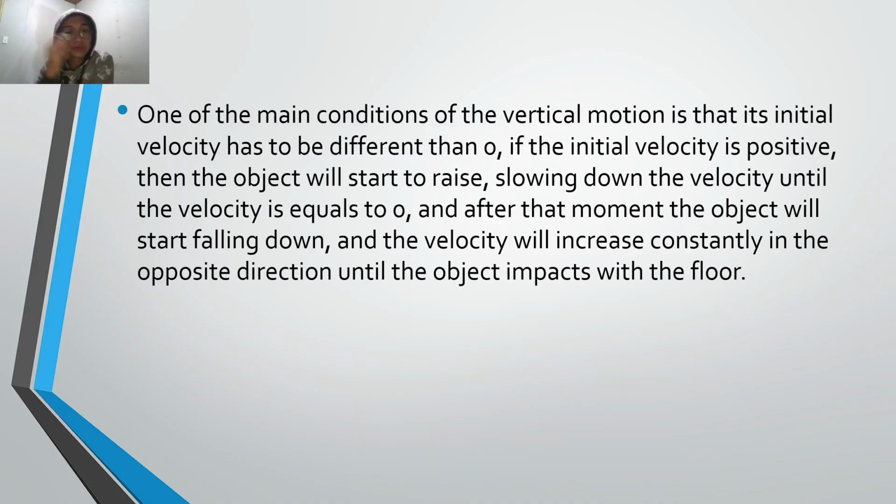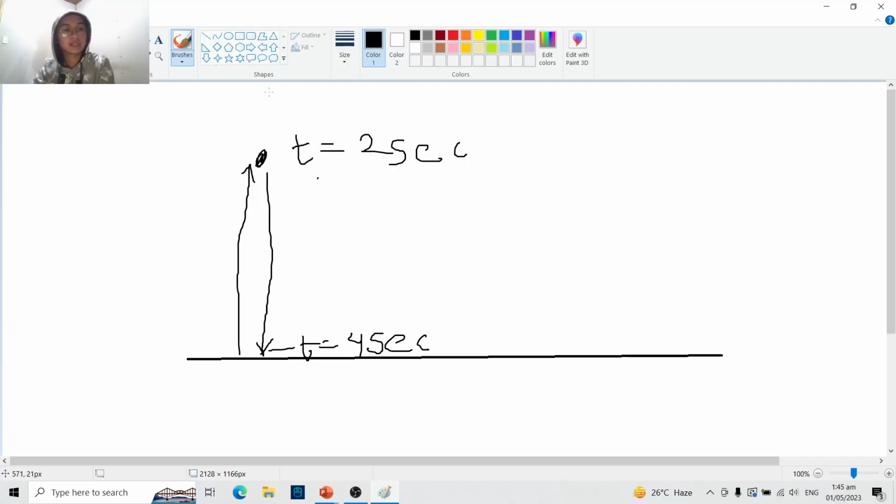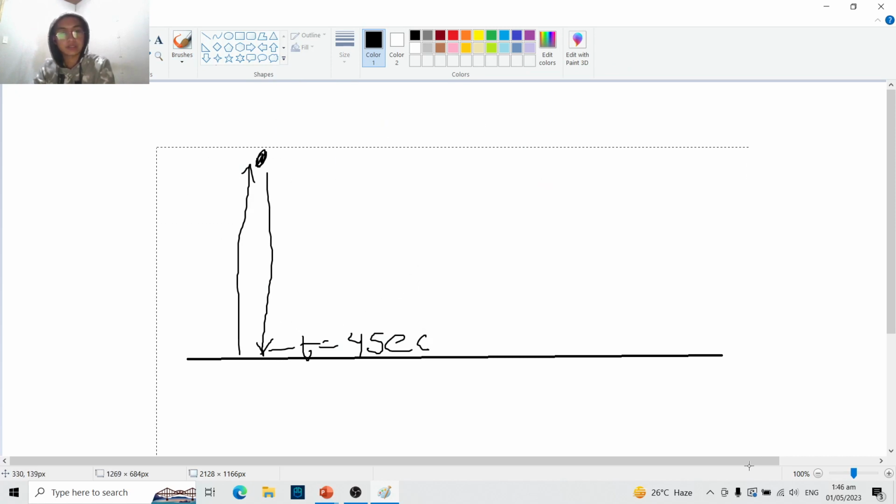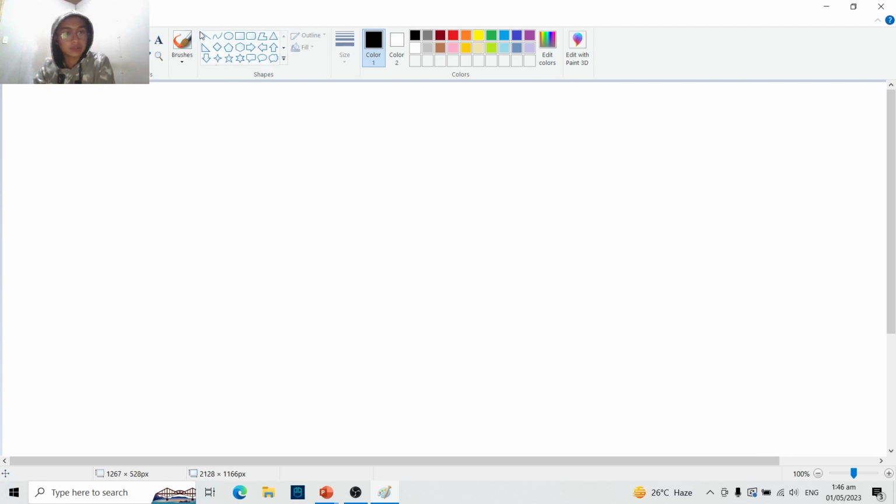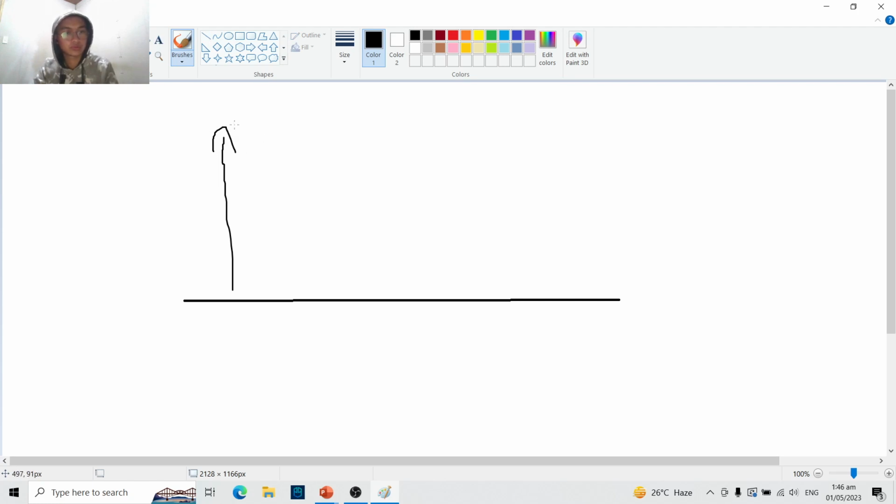So, one of the main conditions of the vertical motion is that its initial velocity has to be different than zero. So, meaning, imong initial na velocity diri. So, say, naglabay na motion, nakataas, nauna din siya sa ubos.